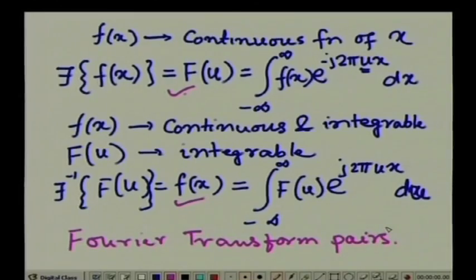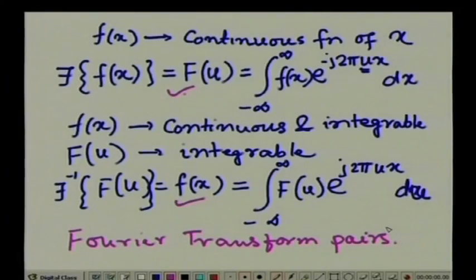Now, from this expression you find that for doing the Fourier transformation, we take the function f(x), multiply it with the exponential e to the power minus j 2 pi u x, and integrate over the interval minus infinity to infinity.